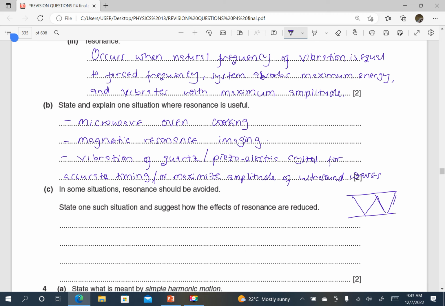So vibrating metal panels or metal plates get damaged.